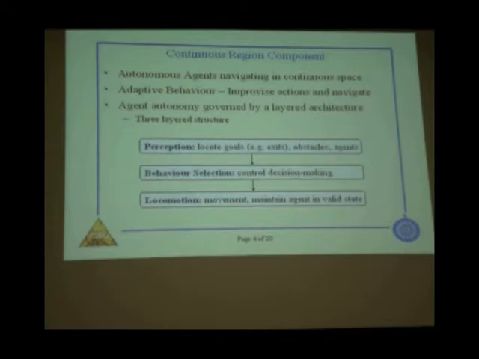This sensory information is fed into the behavior selection, which controls all the decision-making processes. And the output of the behavior selection is fed into the locomotion, which controls the articulation, that is, the actual movement of the agent. It also helps to maintain the agent in a valid state, that is, to prevent the agents from overlapping each other and from overlapping obstacles.